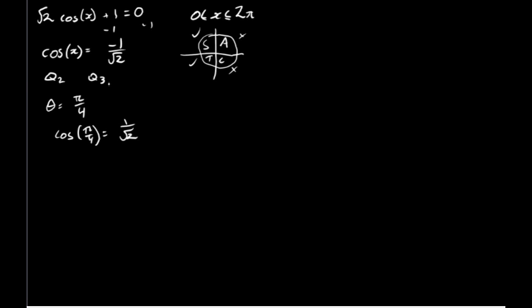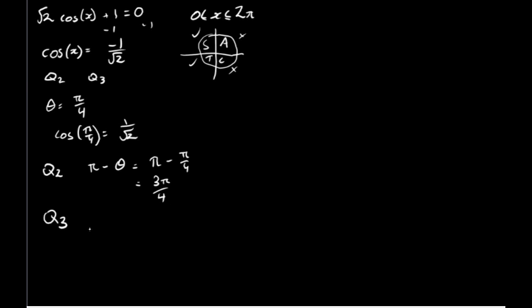Since we're looking at Q2 and Q3, we'll start with Q2. We can find that by our identity, pi take theta, in this case pi on 4. So pi take pi on 4 will give us 3 pi on 4.